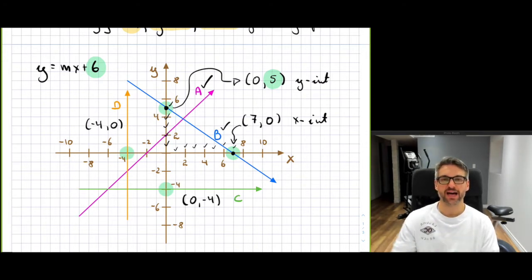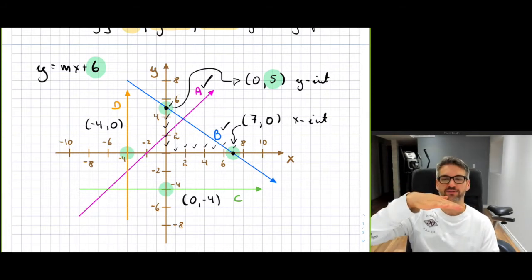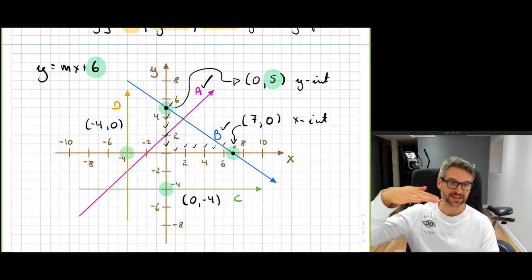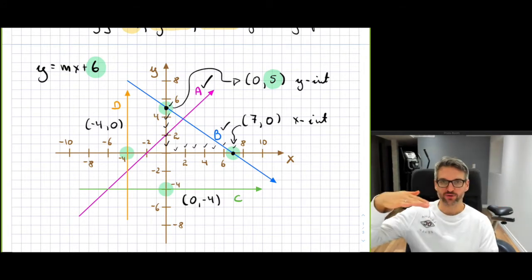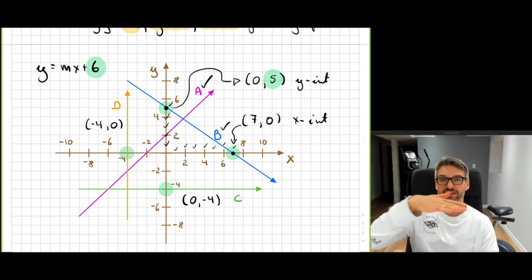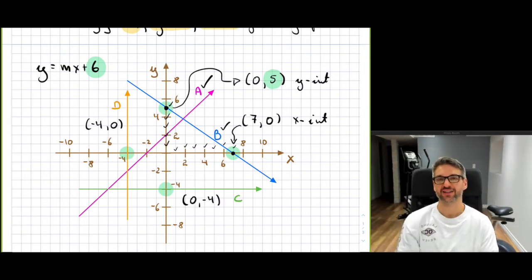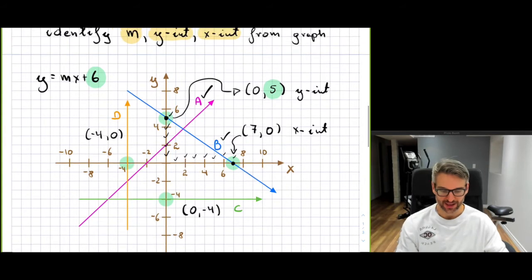The same thing happens if you have a flat line, and that flat line is actually the x-axis. Then the y-intercept is 0, and the flat line goes all the way through your x, so your x-intercept is actually the entire x-axis. So that's how we identify the x and the y-intercepts.